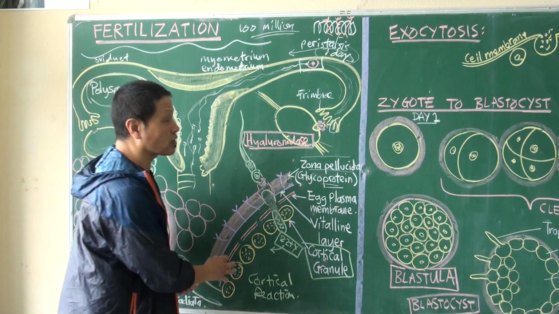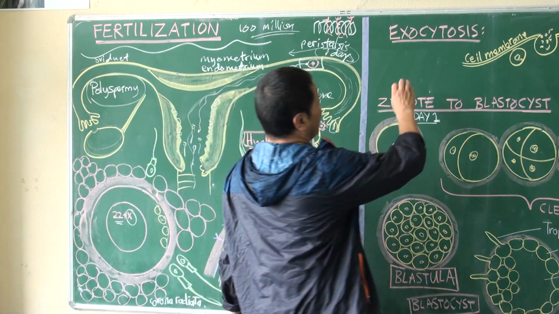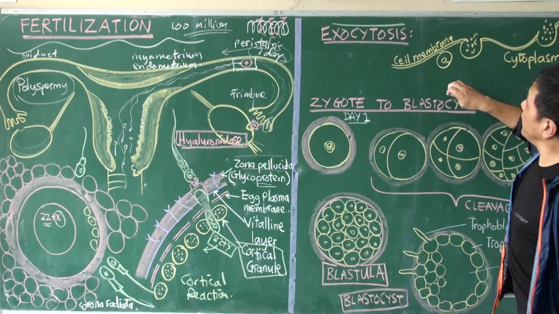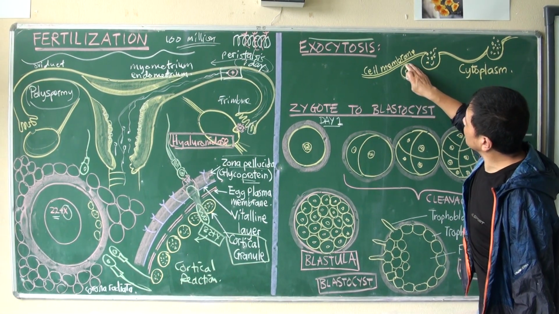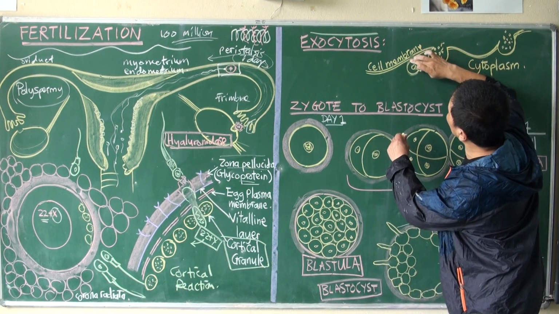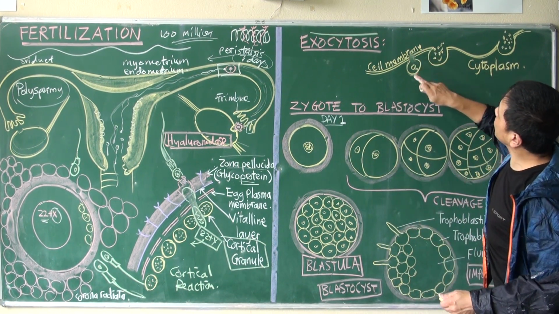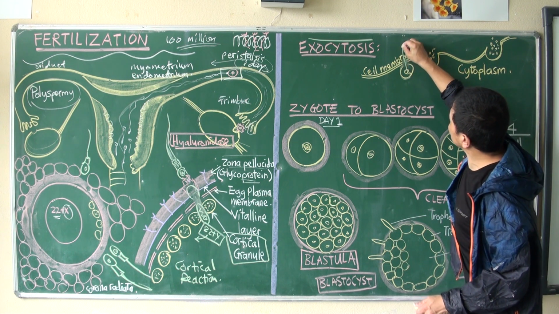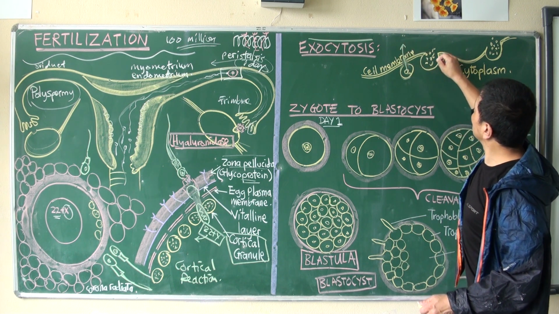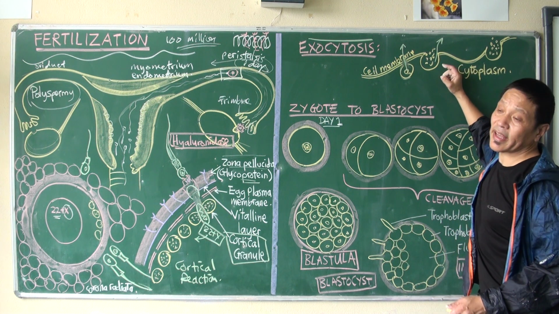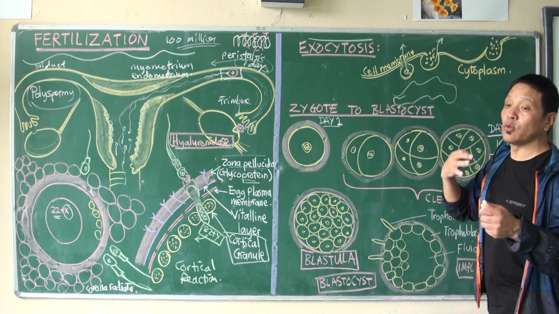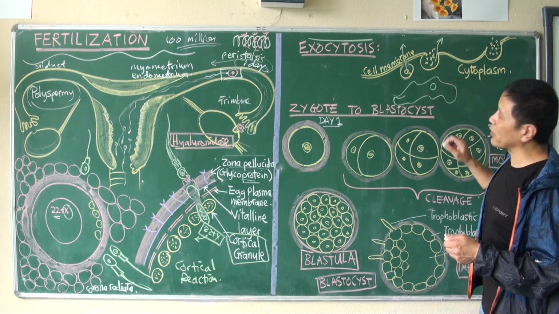I'm just going to bring exocytosis here a little bit. Okay? Exocytosis means when a cell organelle reaches the cell membrane, it fuses with it, and there's a break. Okay, and then it can release its content. So here it's releasing its content, just like an amoeba trying to throw out its waste.